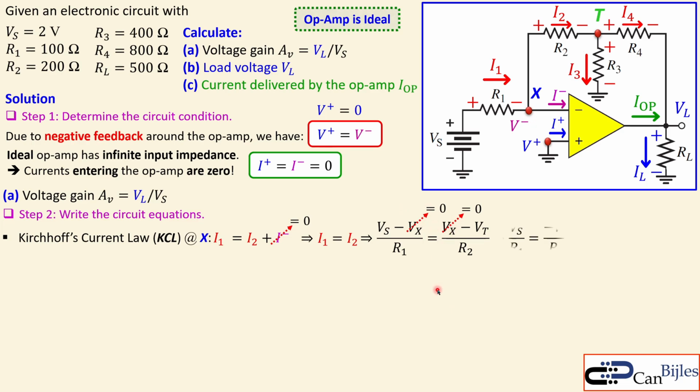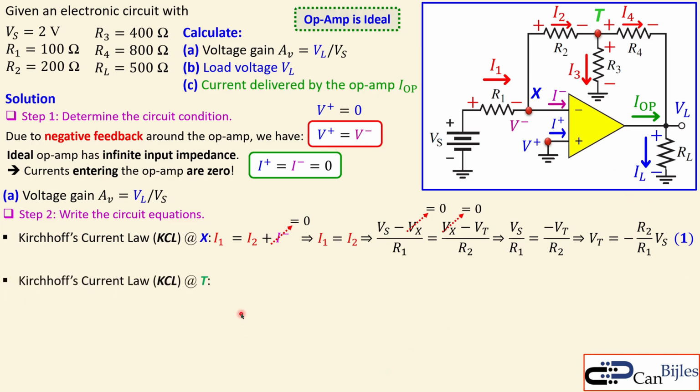So we can simplify this expression and say Vs over R1 equals minus Vt over R2. If I now write this expression for Vt in terms of the rest, we get Vt equals minus R2 over R1 times Vs, and it will be our equation number 1. This is the basic inverting amplifier expression going from the input all the way to node T.